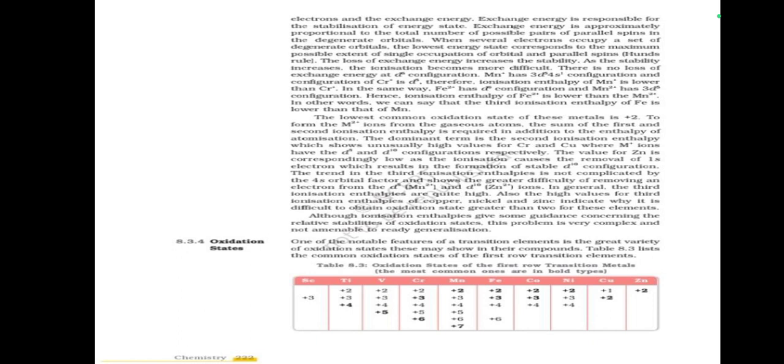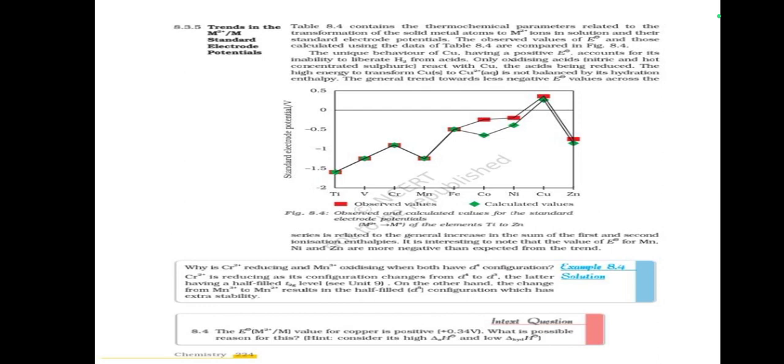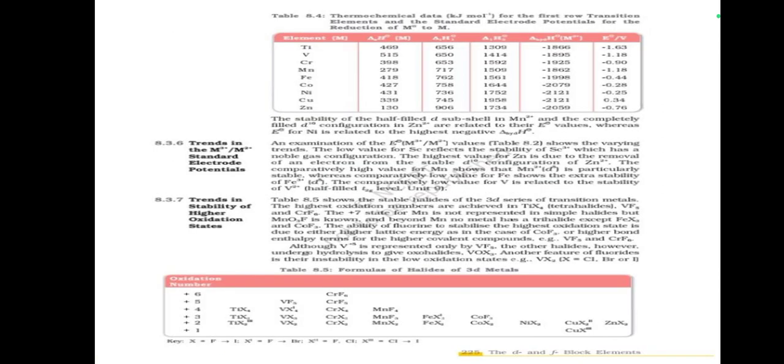Oxidation states. Table 8.3: oxidation states of the first row transition metals. Trends in the M2+/M standard electrode potential. Figure 8.4: observed and calculated values of the standard electrode potential. Trends in the M3+/M2+ standard electrode potentials. Trends in stability of higher oxidation states.